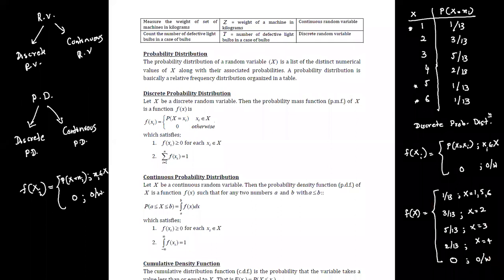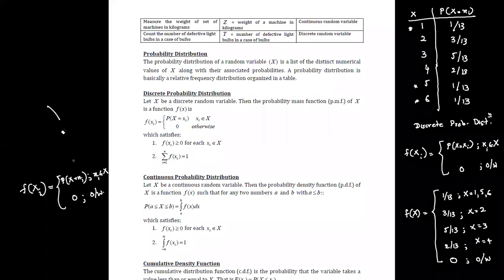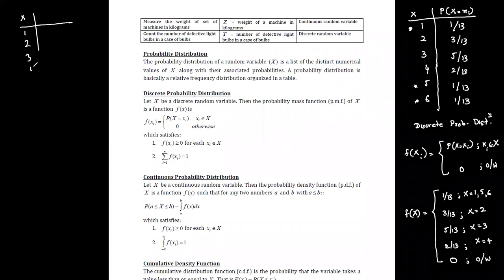If you consider another example, if this die is a balanced die, then we have an equal probability of getting each side as the top surface when rolling. Then we will have the values 1, 2, 3, 4, 5, and 6, and the probability of getting each x equals 1 over 6.